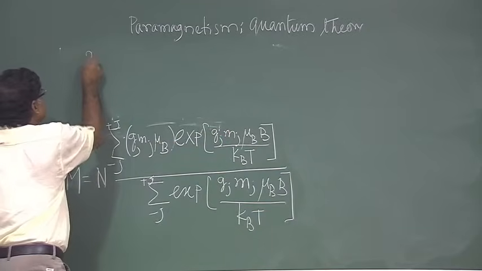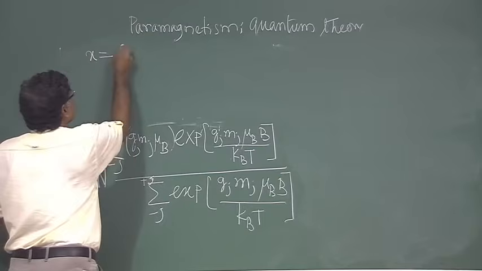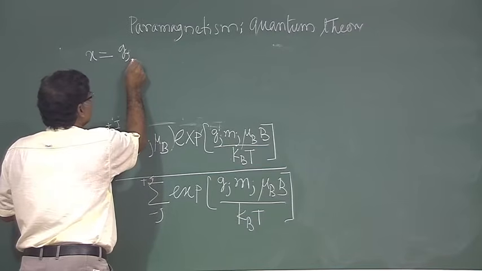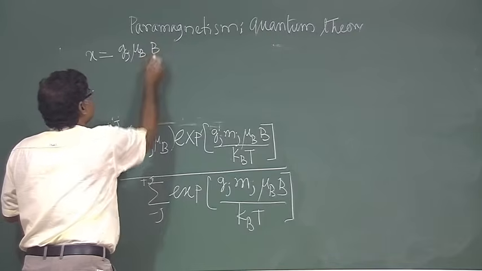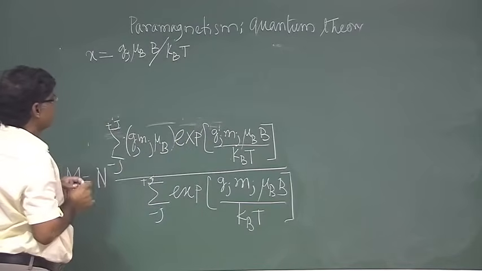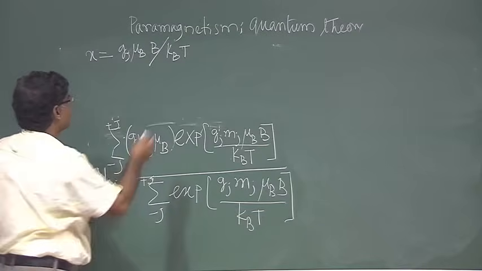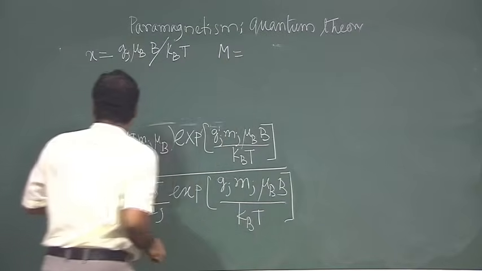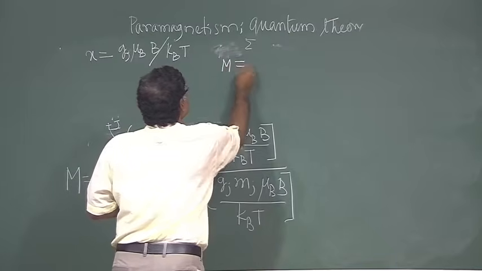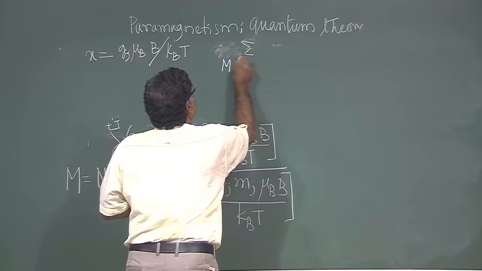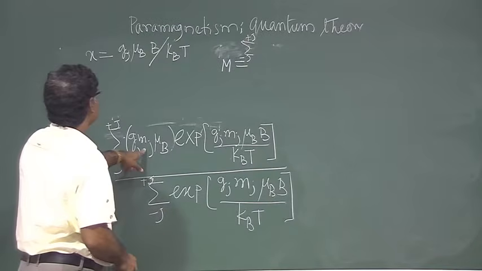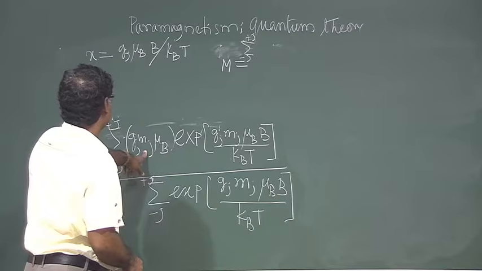So, if I put x equal to Gj mu B by kBT, then I can write M equal to the sum over mj from minus J to plus J, and this will give me mj.